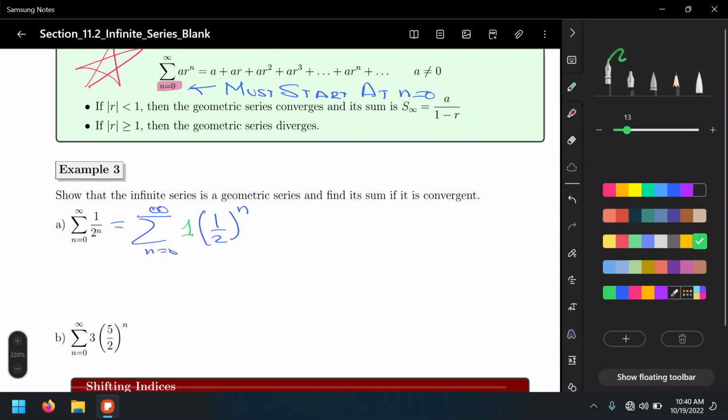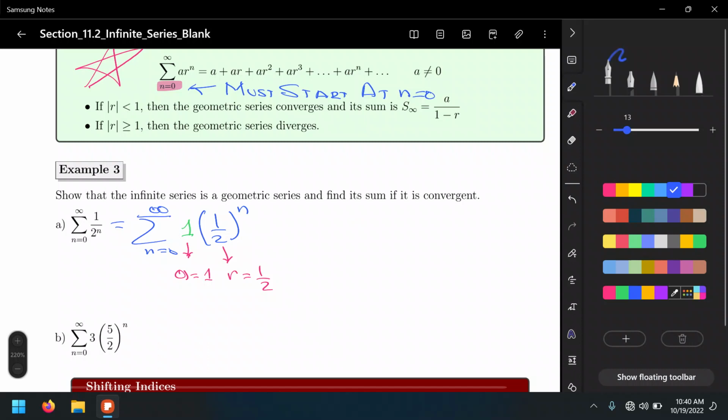So this is what we have to do. Number one, identify the parameters. In this case, a equals 1 and r equals 1/2. Now that we identified these two parameters, we can perform the test.